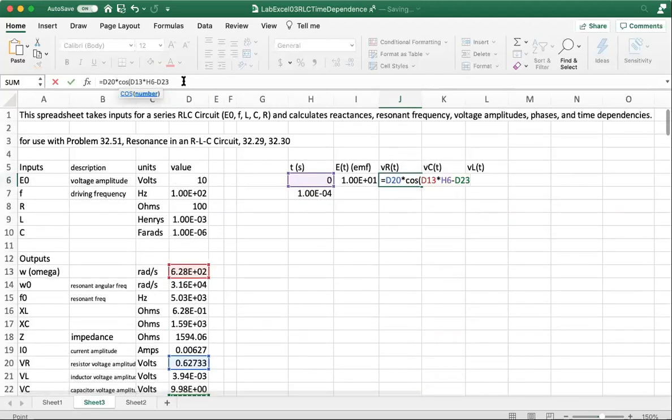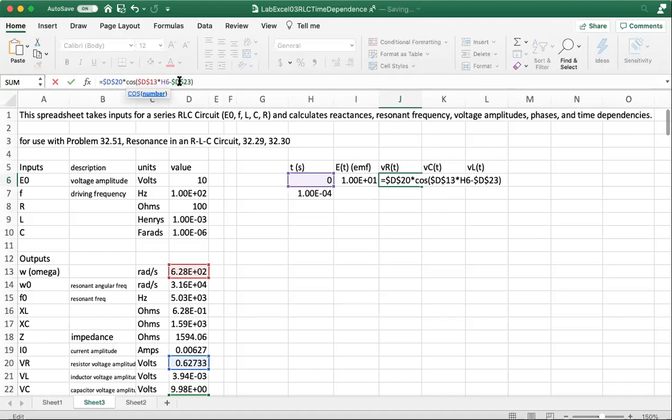And so now if we go to the very top, here's my equation for the resistor voltage. The resistor voltage is going to be in phase with the current. This phase that I'm putting inside the cosine is the same as I would use for the current. I'm not actually going to graph the current because I just want to graph voltages. Dollar sign everything in the D column.